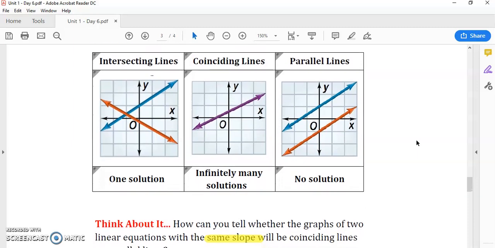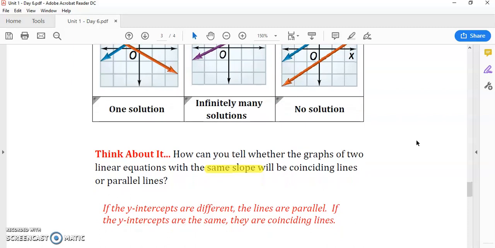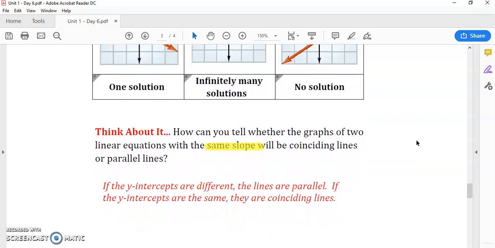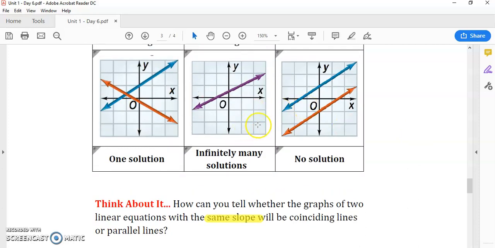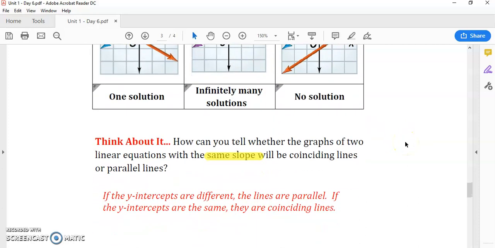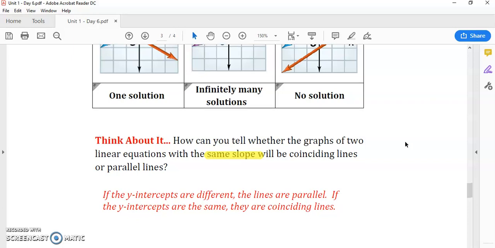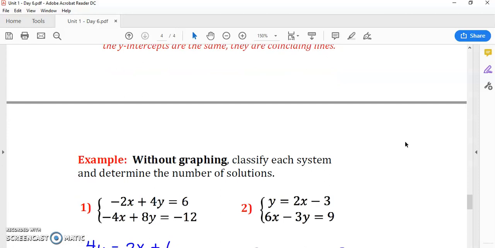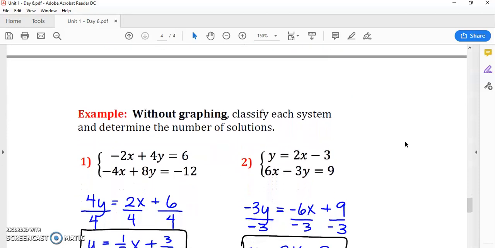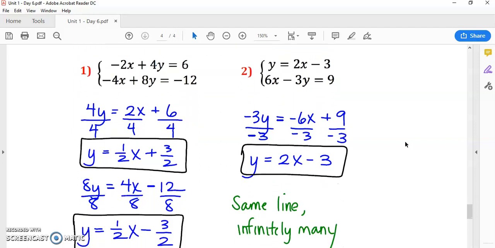We can tell if these things will be coinciding or parallel by looking at the slopes. If the slopes are the same, it's going to fall into one of these two categories. And then it just comes down to, is the y-intercept the same or is it different? Now, if you don't want to graph these, you could always take a look at a system, and then you could rearrange both equations into slope-intercept form.